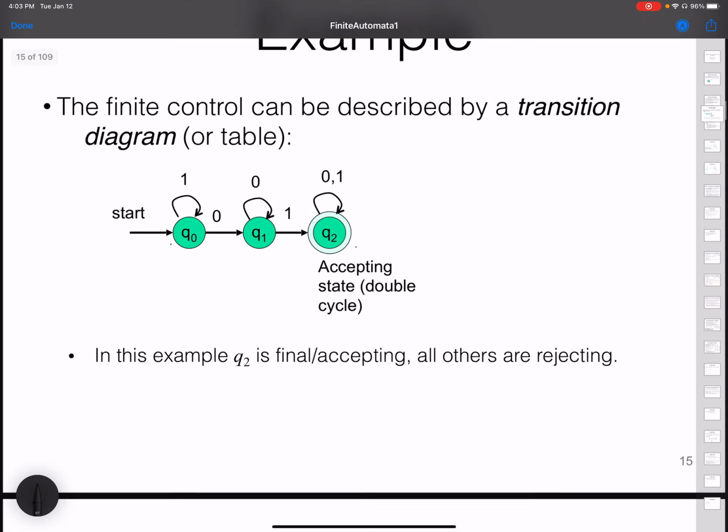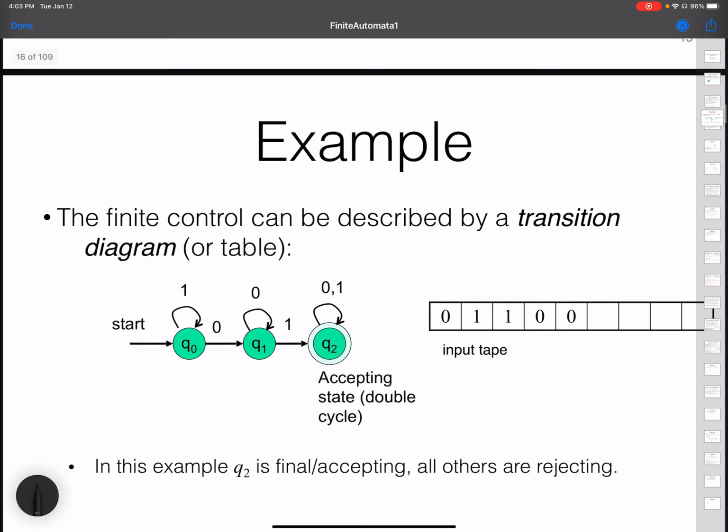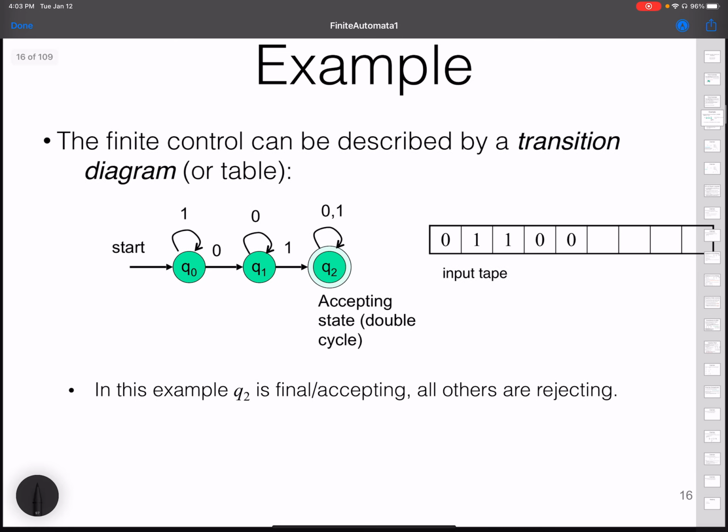You might now ask how this machine works and what happens when it reads an input. Assume your input has been written on a tape.